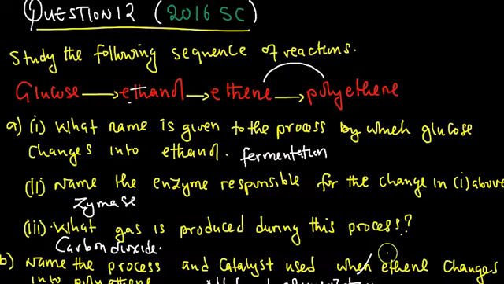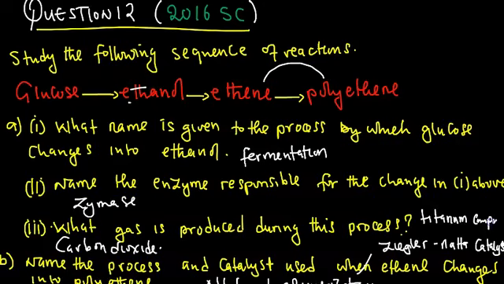The catalyst is called, I don't know how you can pronounce this one, the Ziegler-Natta catalyst. Ziegler-Natta catalysts are just compounds of titanium. This is a catalyst that is used in this process.